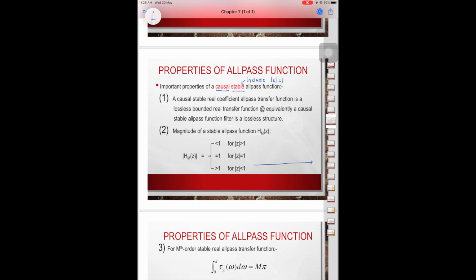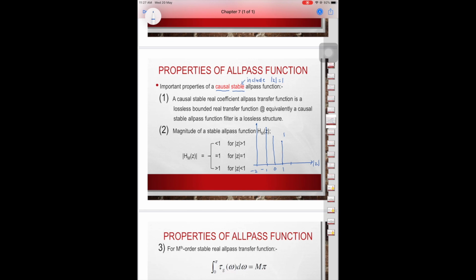So if you put it in a graph, you can see that when modulus z equals 1, the value is 1. When modulus z is less than 1, meaning 0, minus 1, minus 2, the value is greater than 1, so more than 1.